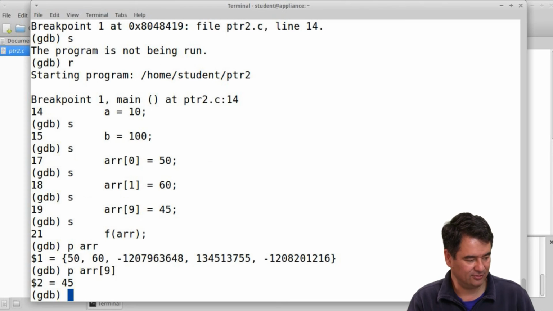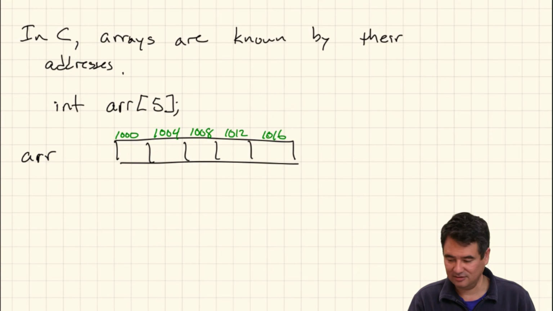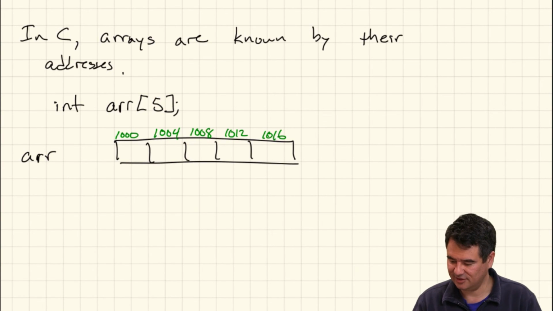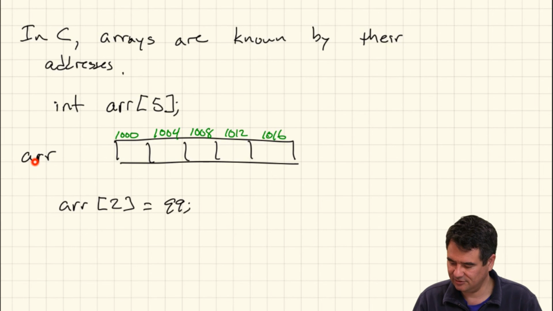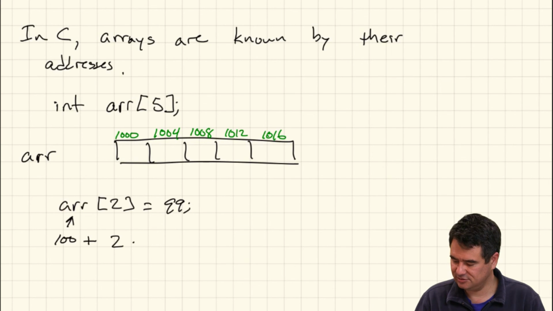Okay, and this all has to do with how arrays are indexed. Okay, so let's say I do ARR bracket 2 is equal to 99. So the calculation it does is it goes and picks up the value of ARR, which is, sorry, this is 100, and then it adds on 2 times 4.